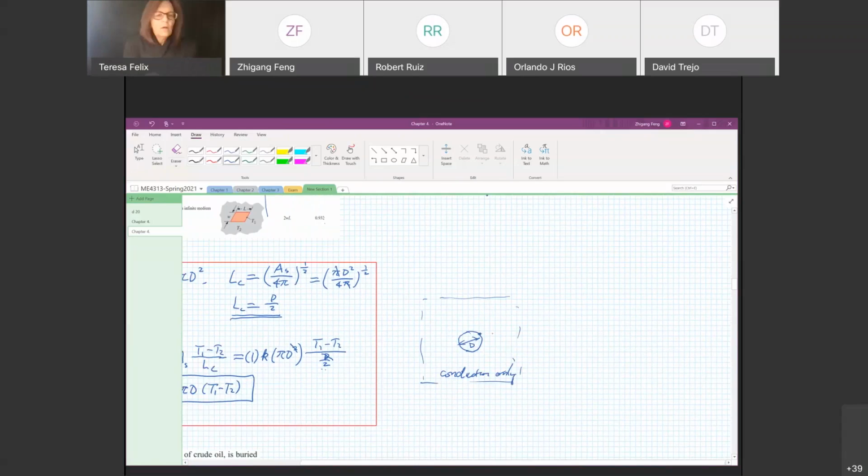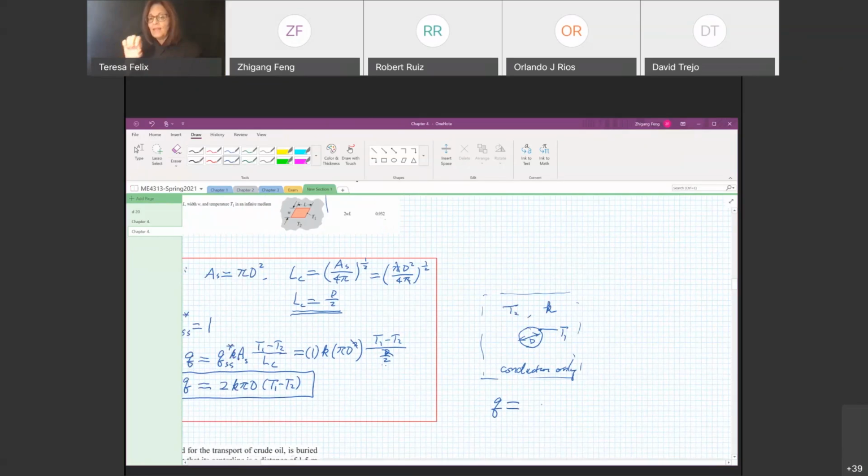The egg has a temperature T1. The water has a temperature T2. And the water has a thermal conductivity of k. Now, what's the heat transfer rate, assumed at a steady state? Q is equal to, using this formula, 2 multiplied by k of the water, multiplied by pi, multiplied by the diameter of the sphere, multiplied by the temperature difference. So that's the heat transfer rate.